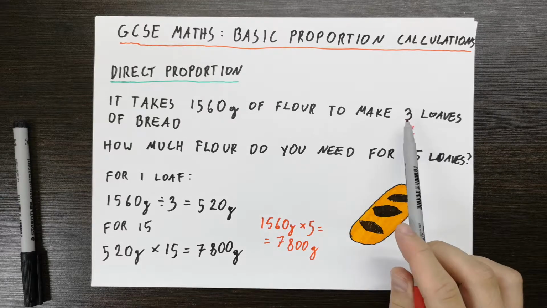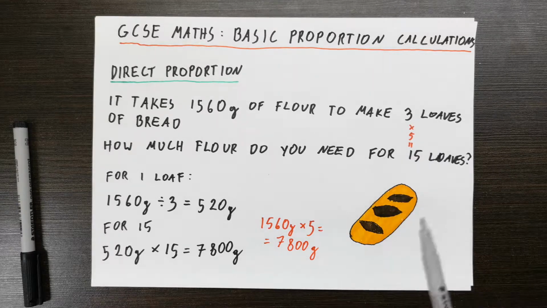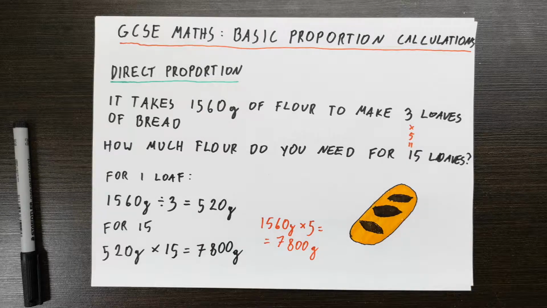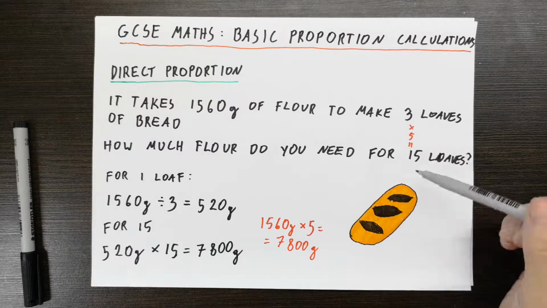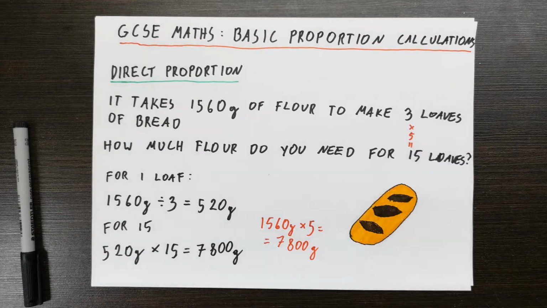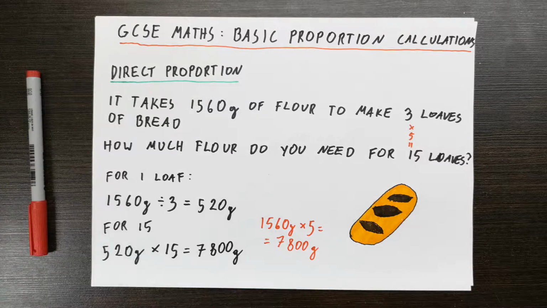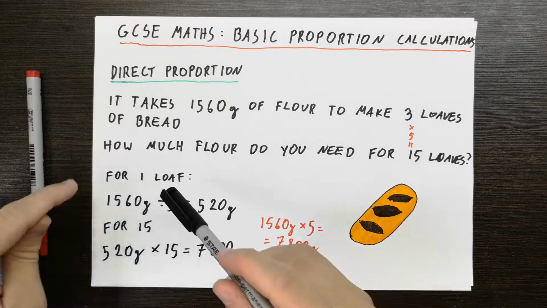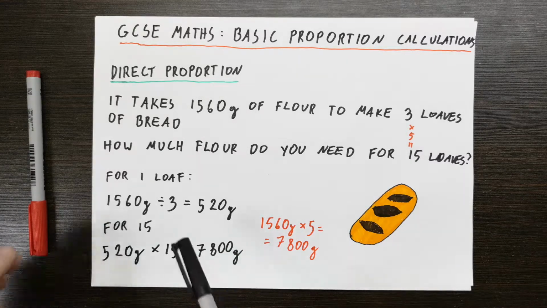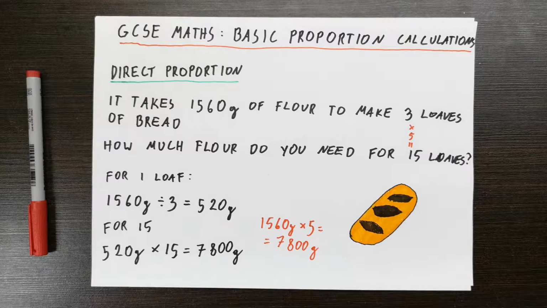You can just keep it in that group of 3 loaves, but multiply that whole amount by 5 to give us 15 loaves. You can do that when these numbers divide through each other cleanly, and that's a good shortcut to take. But, of course, if you forget it in an exam or something, you can always do it the basic way, where you find the amount for 1 unit.